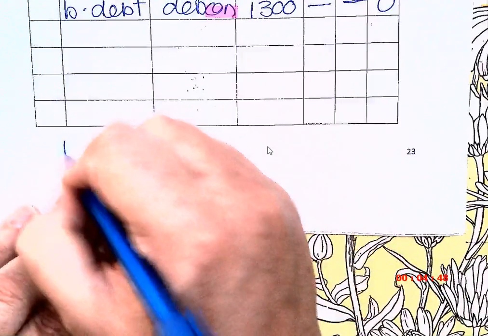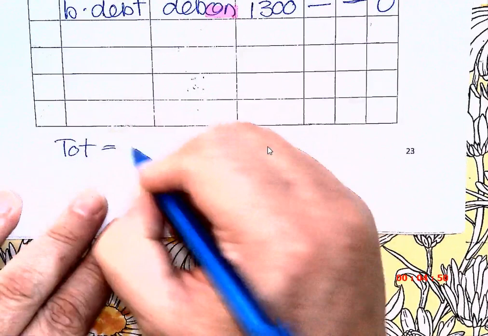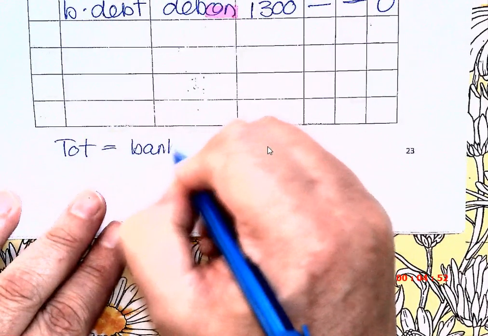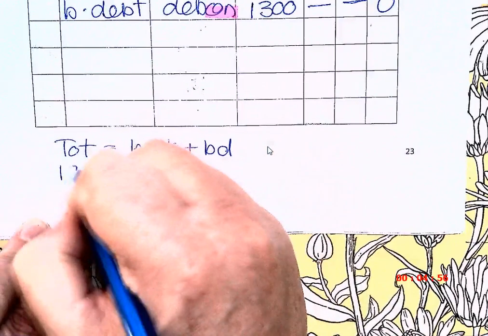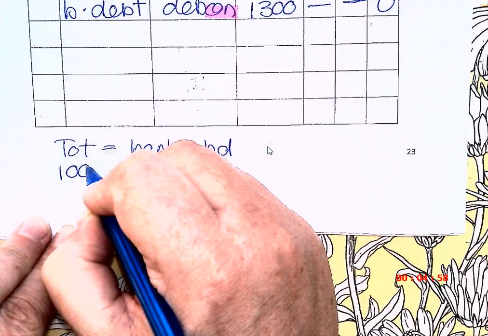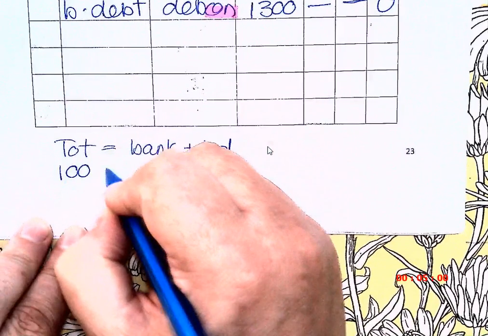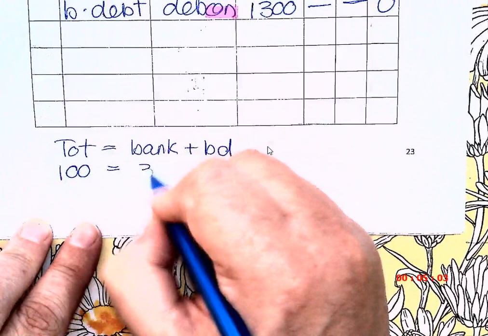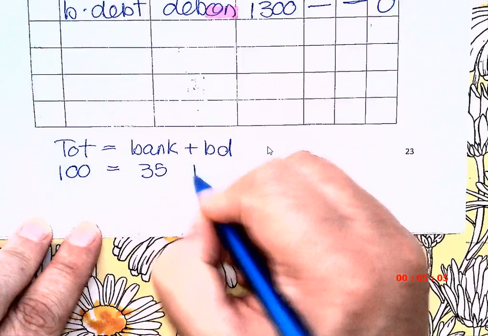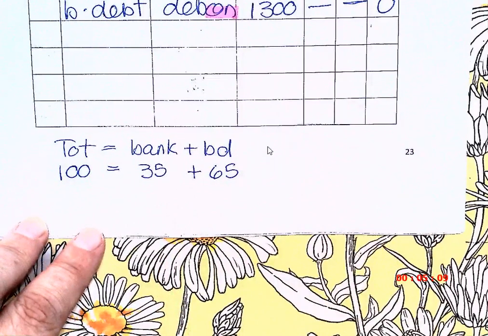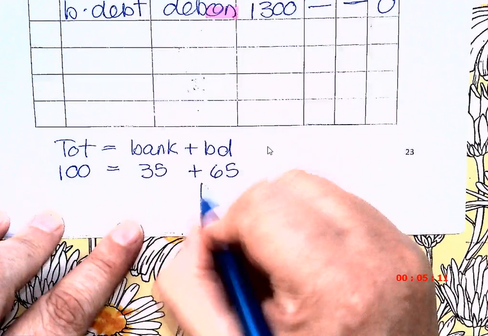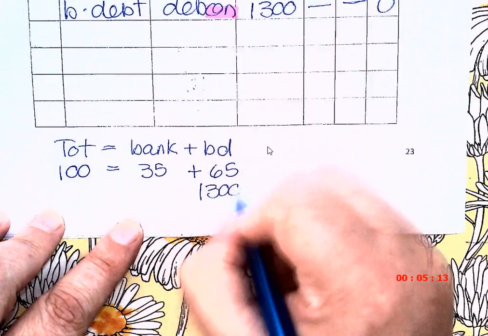I have total debt, which equals what I receive and what I bad debt. My total debt is 100 cents, because we're working with 1 rand. They tell me we received 35 cents, meaning we wrote off 65 cents. Now they tell me I wrote off 1,300 rand.